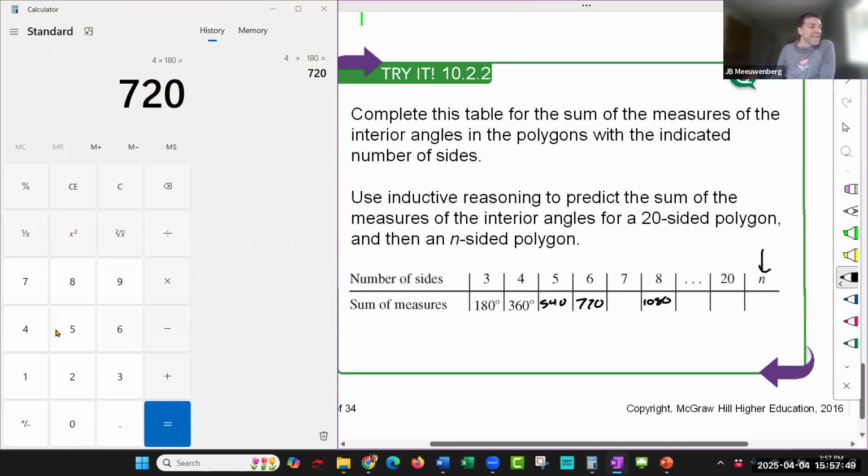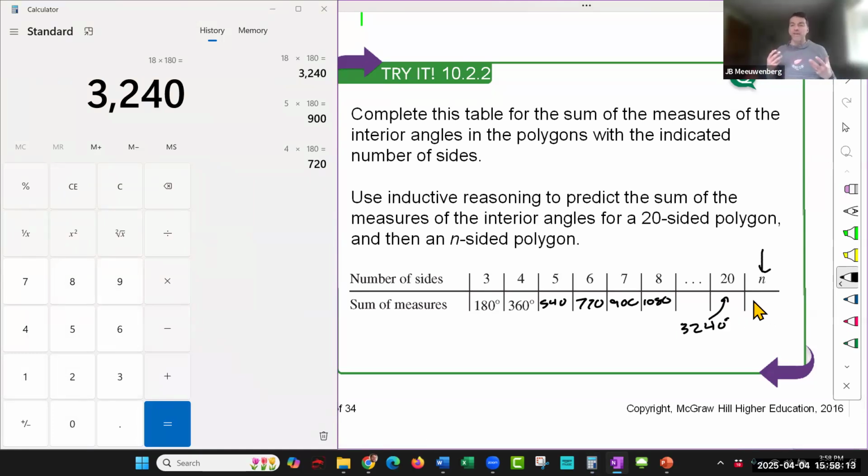If it has 7 sides, it's 5 times 180, which is 900 degrees. If it's 20 sides, we'll take 18 times 180 to get 3,240 degrees. So what would we say for n?